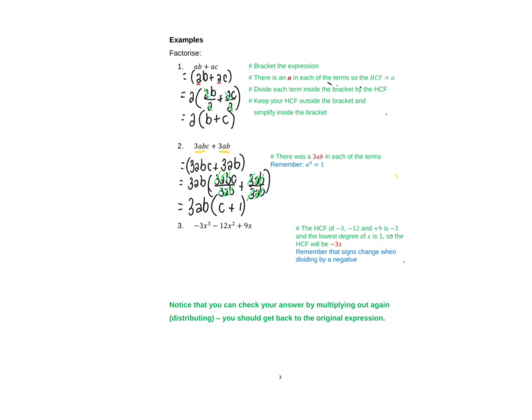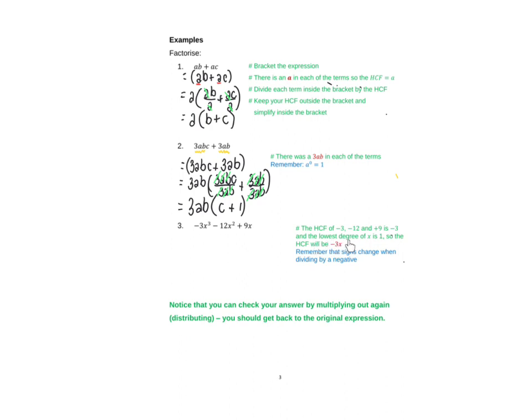Then for number 3, as you see here, if you do a bit of investigation, the highest common factor of these three numbers, -3, -12, and 9, is -3. Remember, if your first term is negative, you always take out a negative as a common factor.